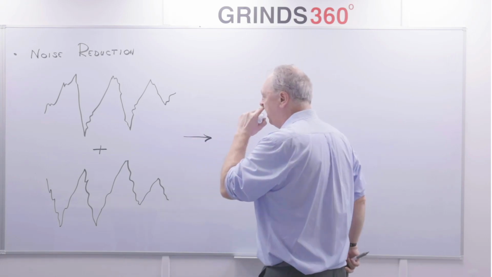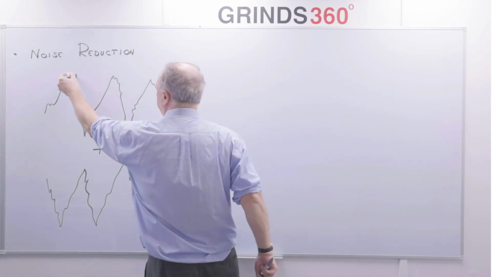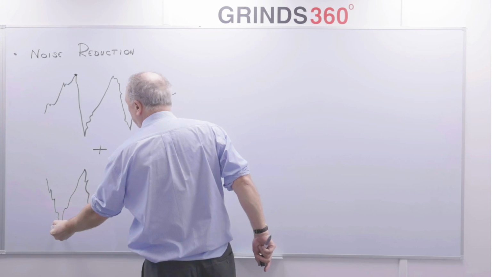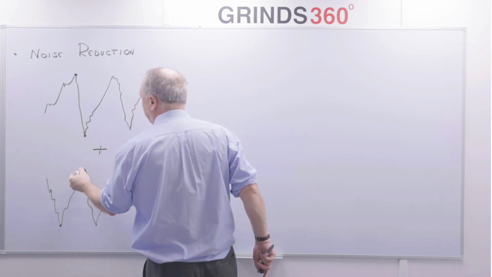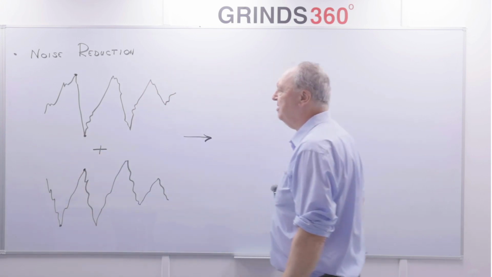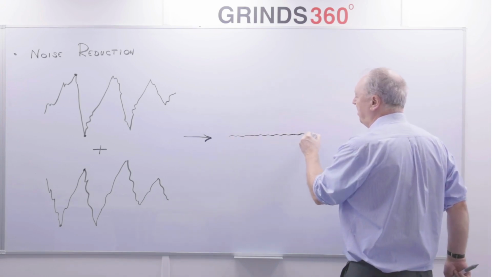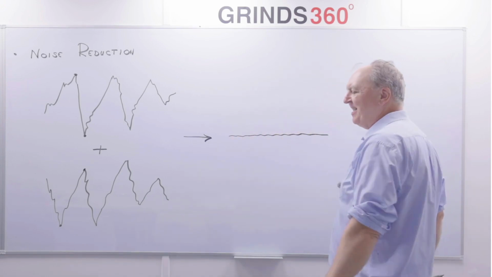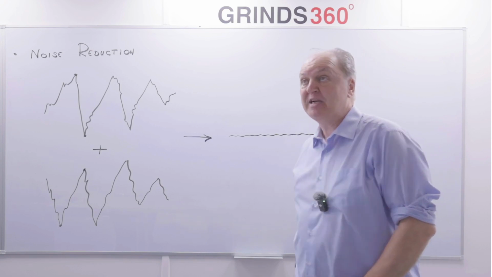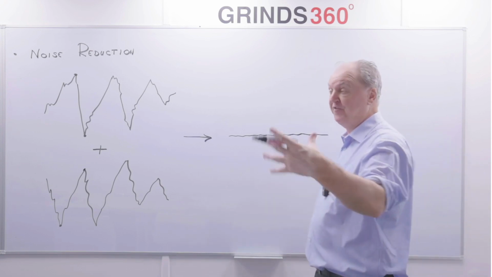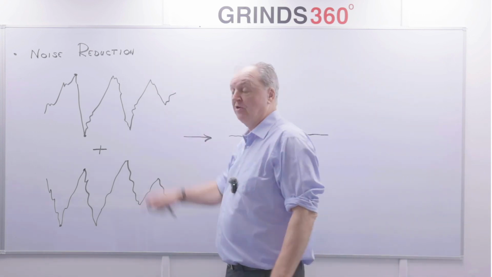And what you can see there is everywhere I've got a high point, it's matched by a low point by a high point. And what you end up getting is destructive interference. You might get a little bit of a ripple, but basically you get hardly any sound at all. So we're actually using destructive interference for a very good purpose, for noise reduction.